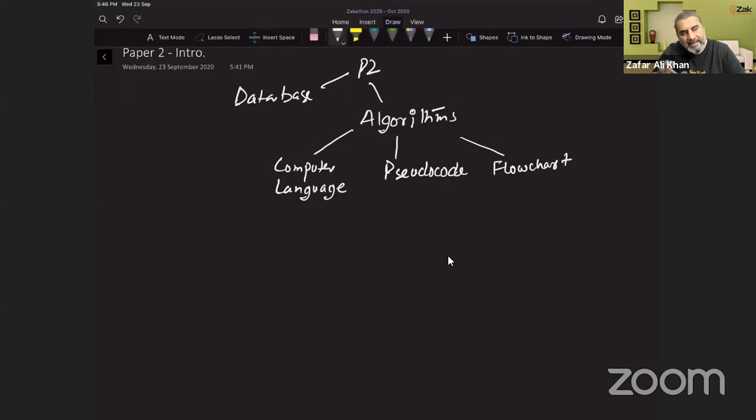Computer languages as such are not part of the syllabus, as in no question relevant to any particular language will be asked in the exam. If they want you to write any code, that would be in pseudocode. All right. There might be some areas like declaration of arrays.